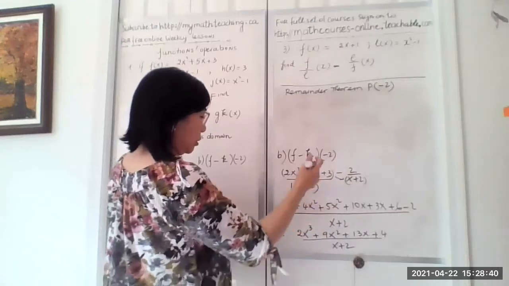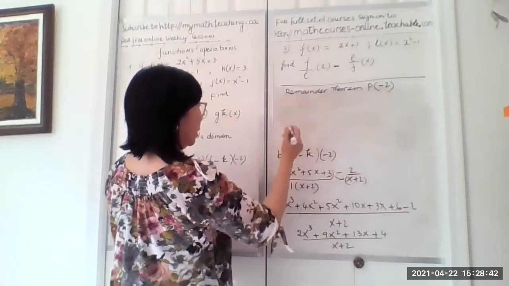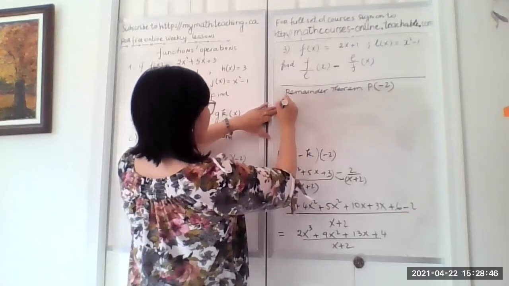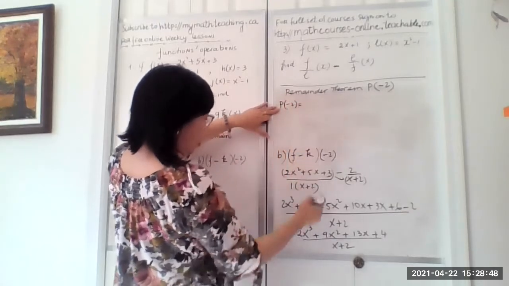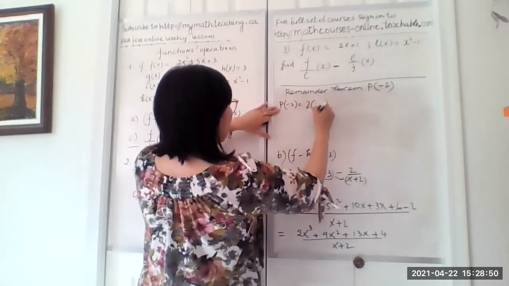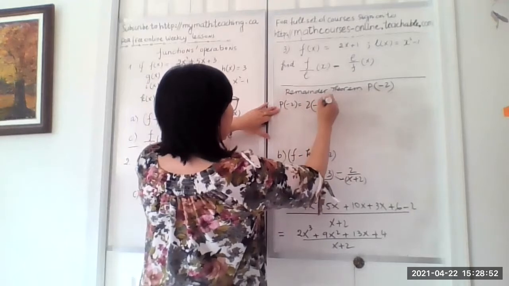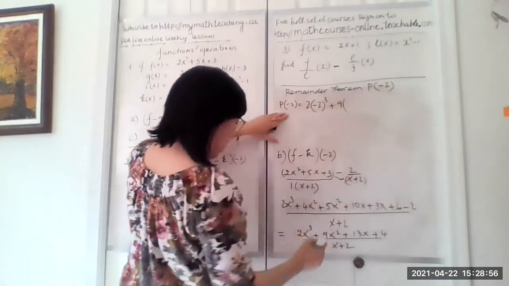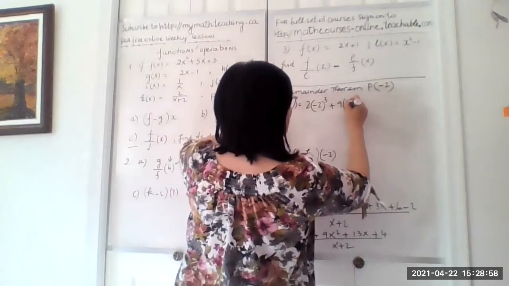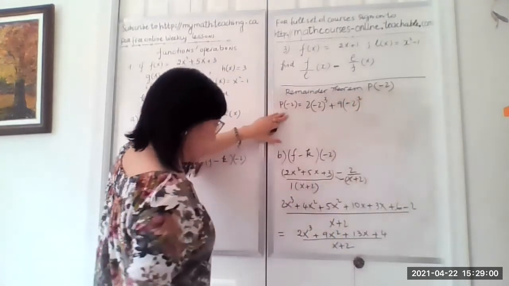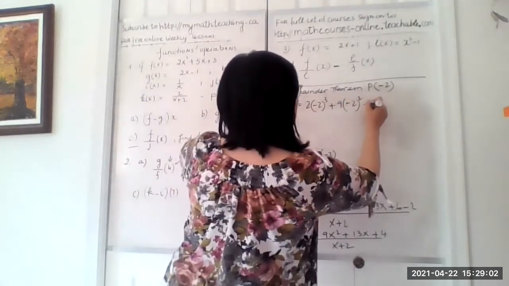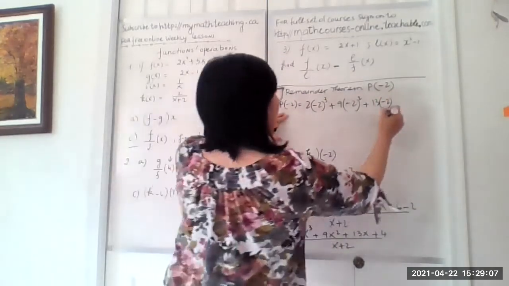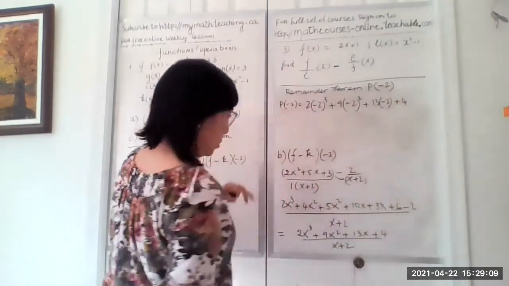So instead of using long division, we'll find the shortcut to solve the problem. So P of minus 2 will be equal, substituting here, 2 times minus 2 to the power 3 plus 9 times minus 2 squared plus 13 times minus 2 plus 4.